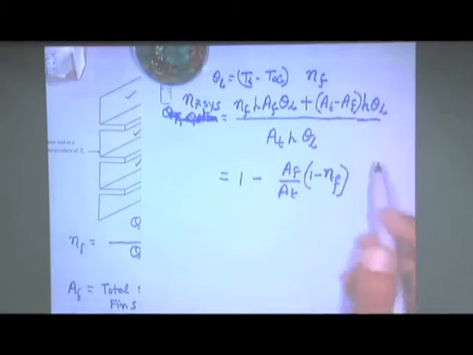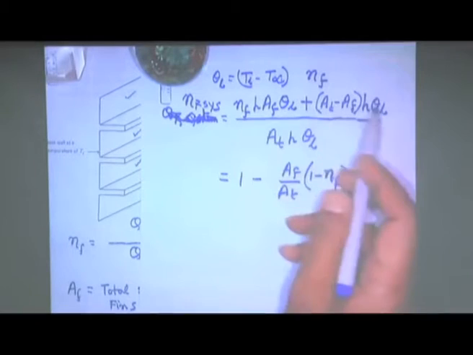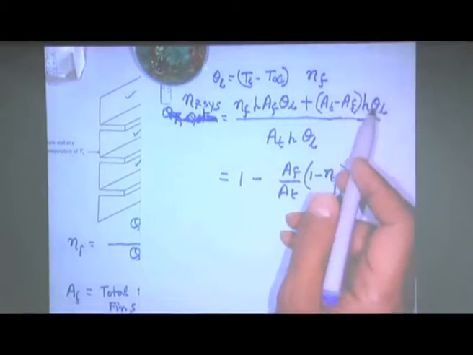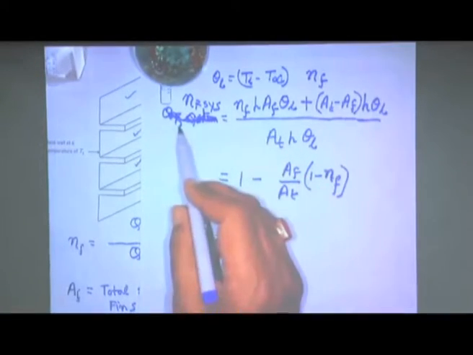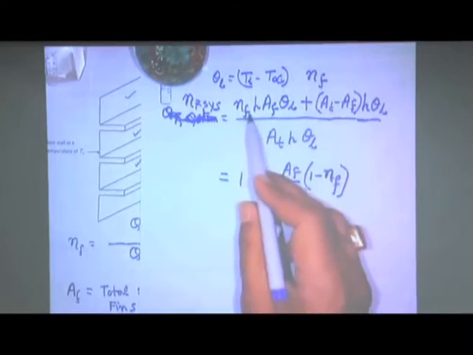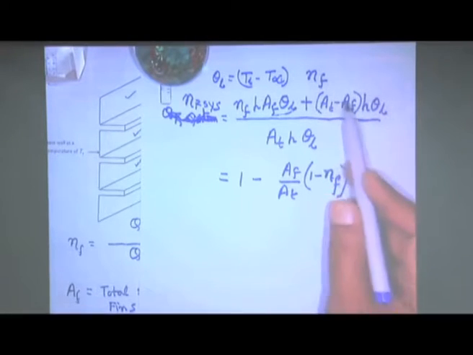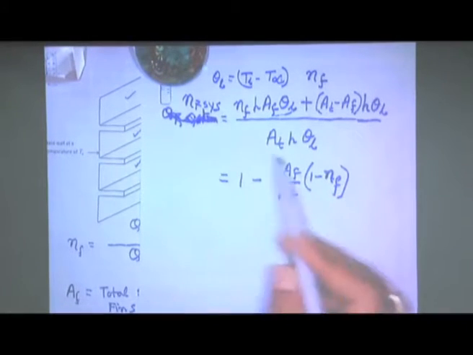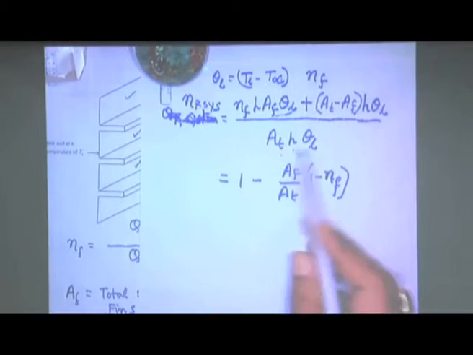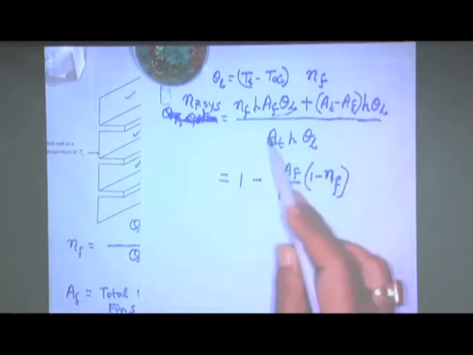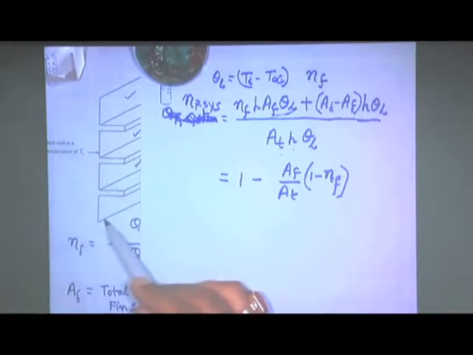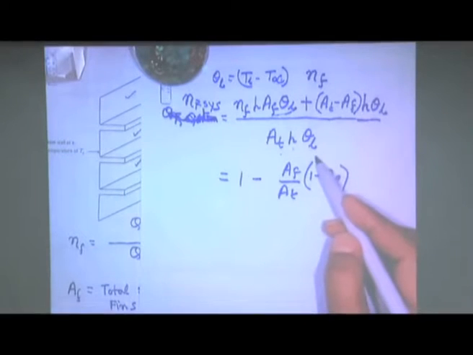I wanted to first start with the numerator, okay. So I first started to write this expression in the numerator. However, it doesn't matter. The numerator is the Q, that is the heat transfer of the fin system, that is the heat transfer from the fins plus the heat transfer from the unfinned portion. So eta for the fin system is divided by AT h theta B, the heat transfer of the entire base with the fins when they are all at the temperature Tb.